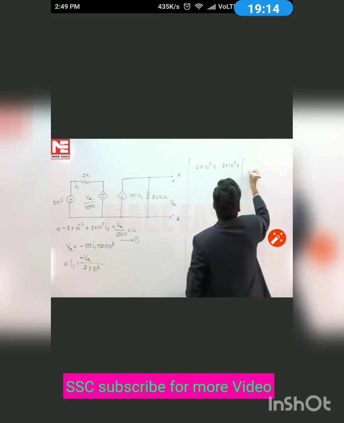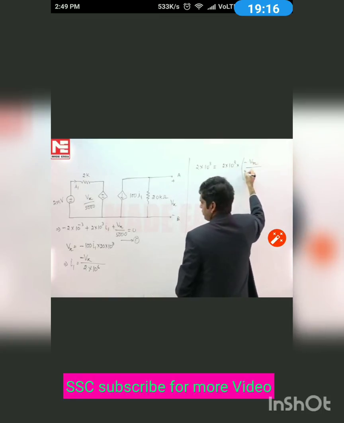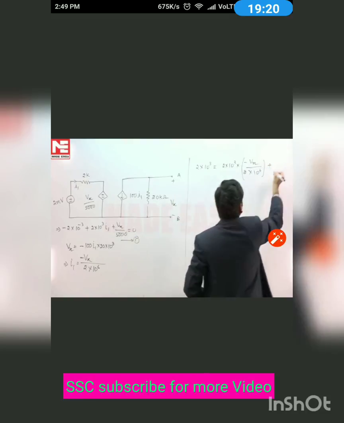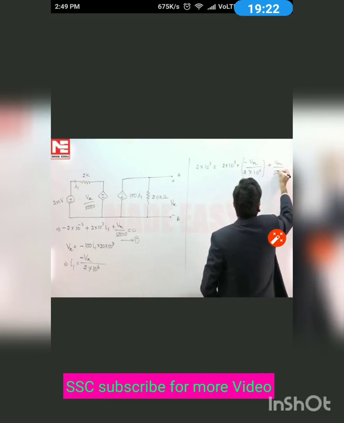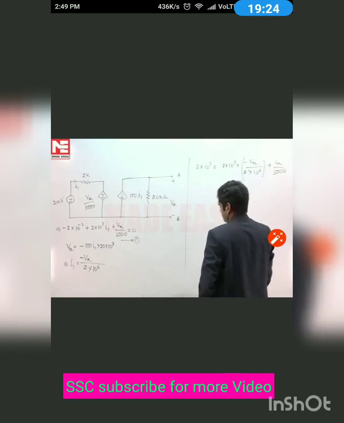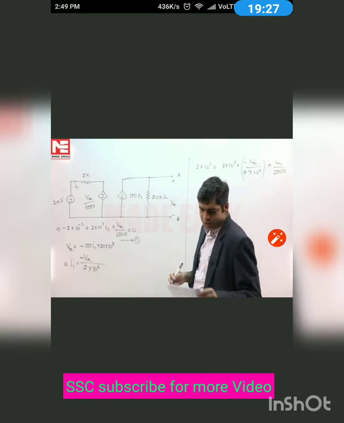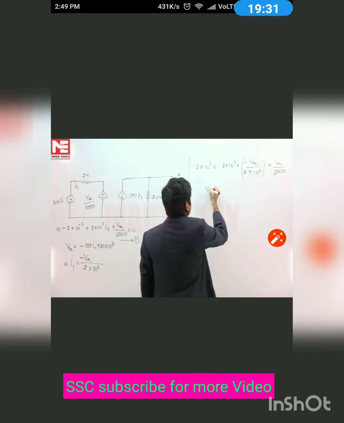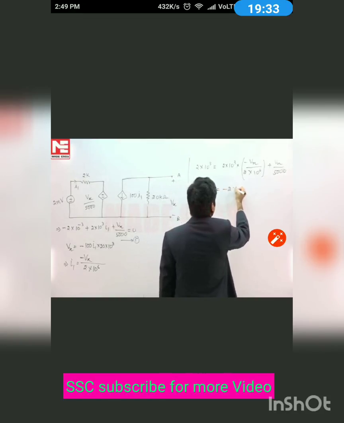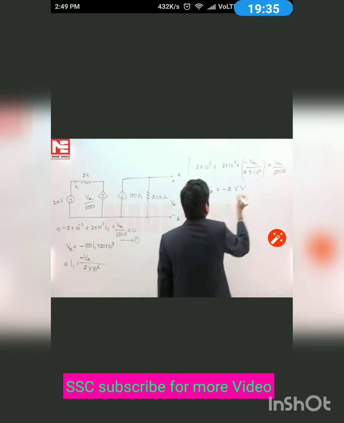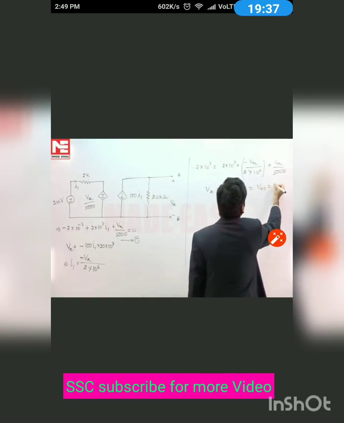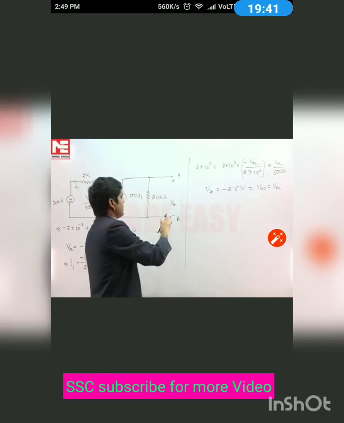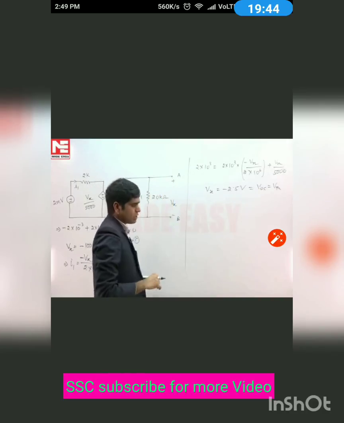I1 value is minus Vx upon 2 into 10 to the power 6 plus Vx upon 5000. So if you solve, you will get Vx and that Vx is equal to minus 2.5 volt. And this Vx is equal to V open circuit voltage, that is VTH, because no load is connected here, nothing is connected here, it is open circuit voltage.